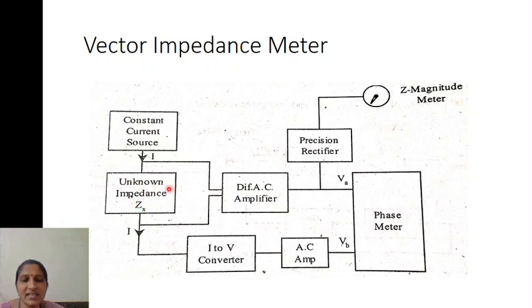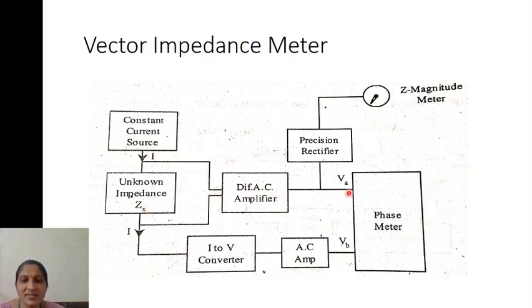So this is the unknown impedance which is going to be measured. That current is allowed to pass through the unknown impedance Zx. Whenever the current is passed through the impedance, the current multiplied with the impedance produces a voltage. So current multiplied with impedance, you will get the voltage.